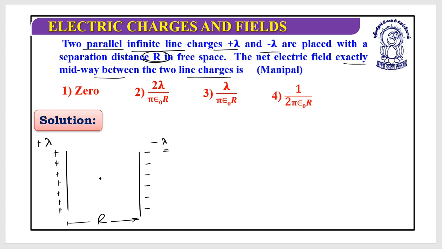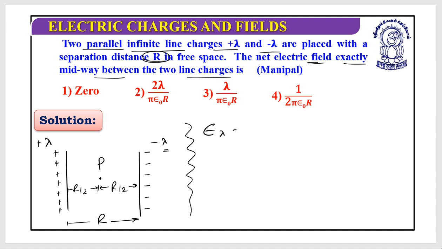It is the midpoint of this. This is r by 2. Even this would be r by 2. Now what you require is the electric field. Let's say this is P. Now first we always try to find out the magnitude.